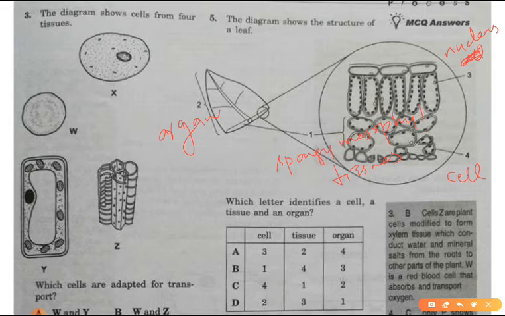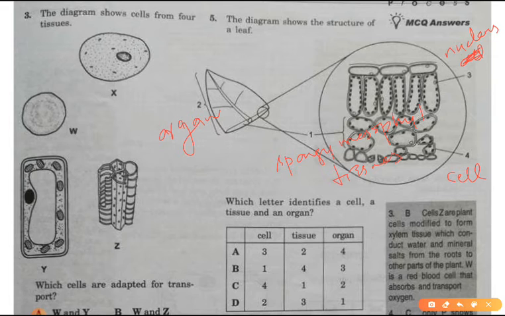Now which letter identifies a cell, a tissue and an organ? If you look at option A, 3 is a cell, 2 is tissue and 4 is organ. This is wrong. B, 1 is cell but 1 is tissue, so this is also a wrong option.